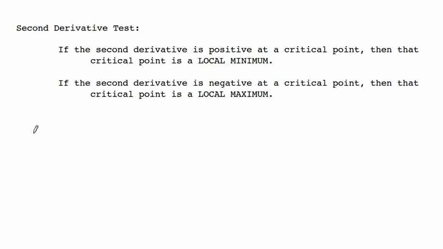Suppose you wanted to find the local extrema of y equals x to the 4.